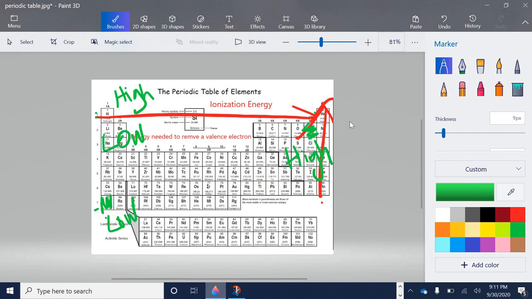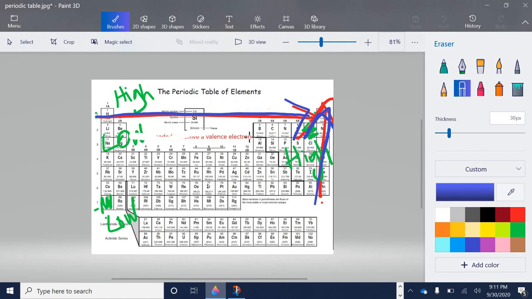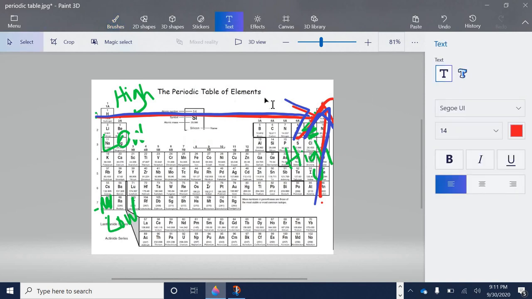The last trend actually follows the exact same pattern as ionization energy, increasing from left to right and from bottom to top. And it is called electronegativity. So let me erase our ionization energy for a moment. It's called electronegativity.